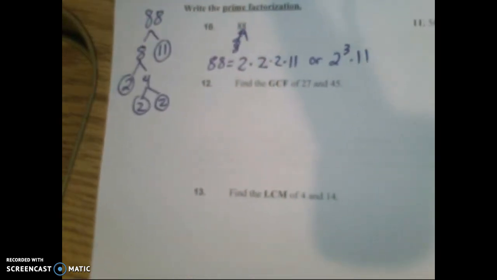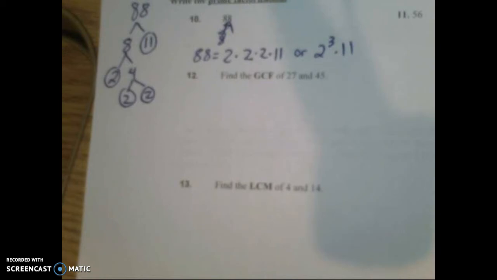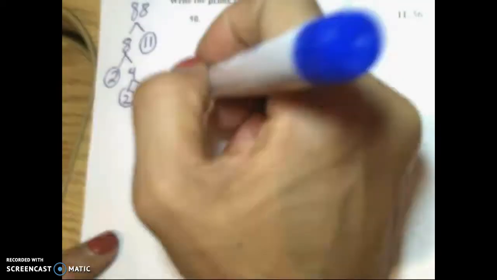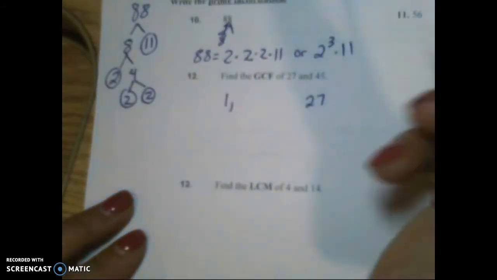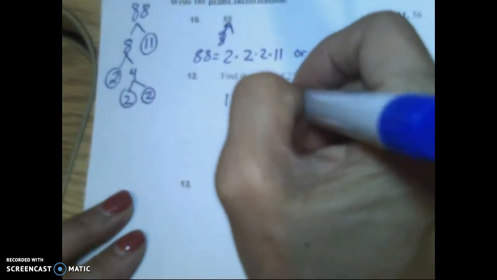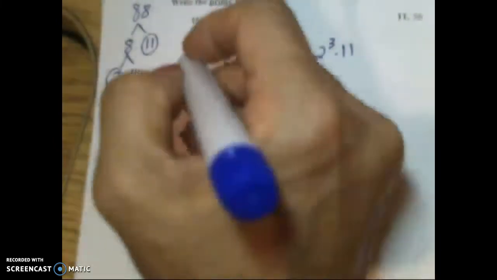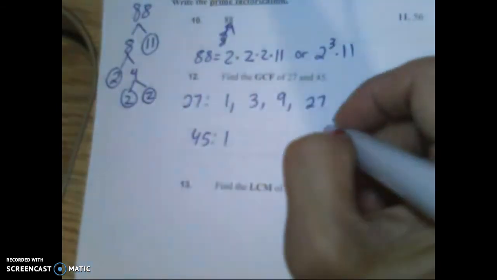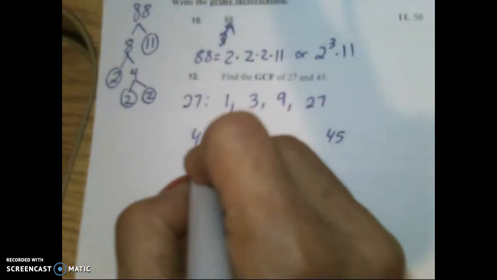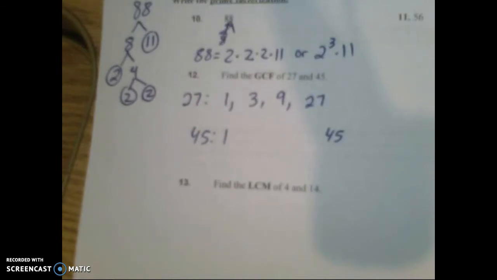Finding the GCF, again, I believe that listing them is the easiest, but if you can do prime factorization, that's another way to do it also. So if you're listing your factors, your GCF of 27 and 45, so again, 1 and 27, we can't do 2, 3 times 9, that was very easy. And then for 45, I'm going to list 1 and 45. 45 is not divisible by 2.